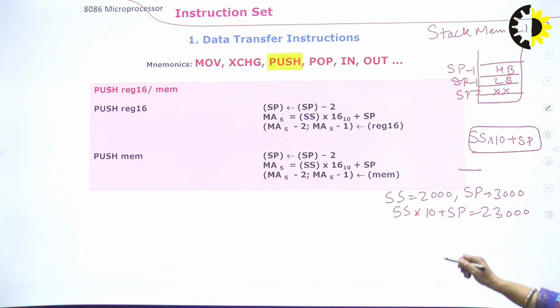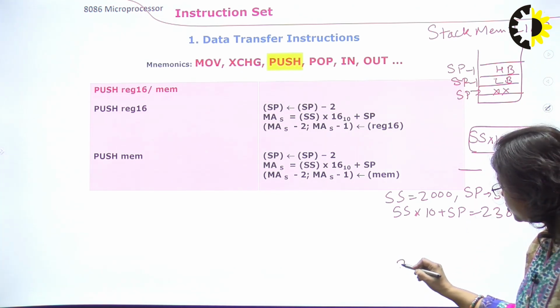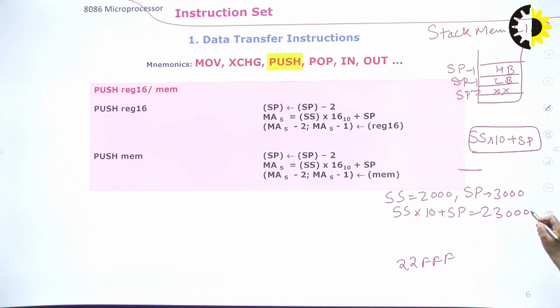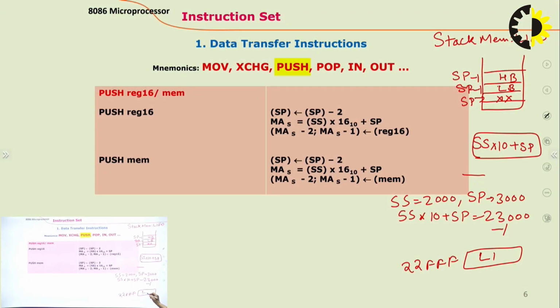It reduces it by 1, that is 22FFF, that is this address minus 1, and copies the lower byte of the 16-bit register to this location. Again it does minus 1, 22FFE, and copies the higher byte into this location.